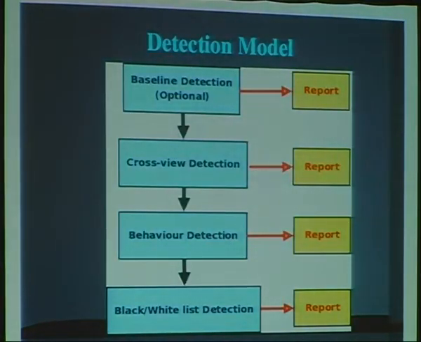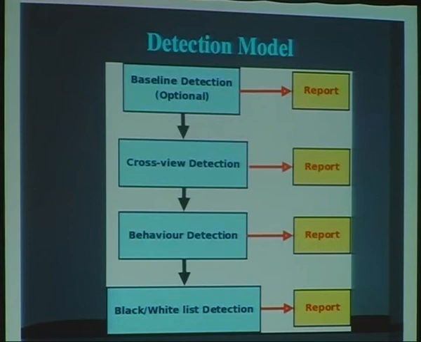And here's the detection model. You run the baseline detection first, but actually baseline detection can be optional, because in fact you don't always have a baseline. If you don't have a baseline, you can ignore this step. But if you have one, you can run baseline detection, and it can report malware. Cross-view detection can also report malware.